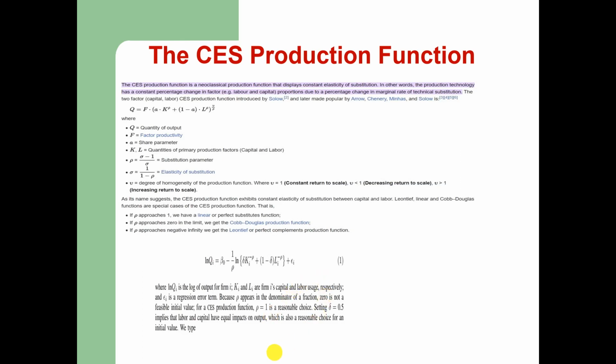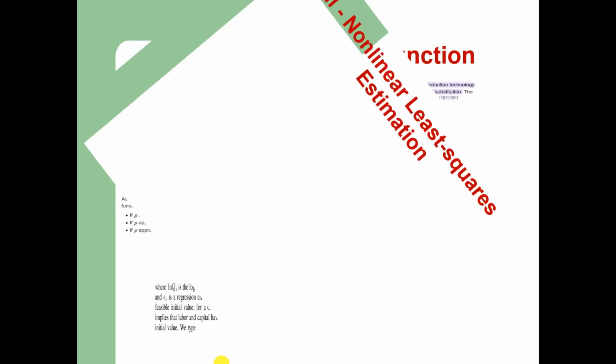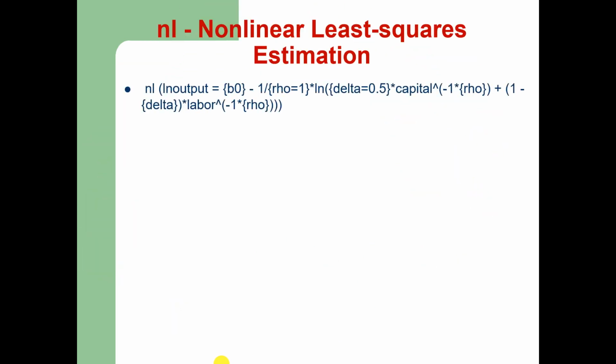Setting delta equal to 0.5 implies that labor and capital have equal impact on output, that is they have a 50% share in the total output respectively, which is a reasonable choice for an initial value. In order to do this, we will type this command for the estimation of the constant elasticity of substitution.